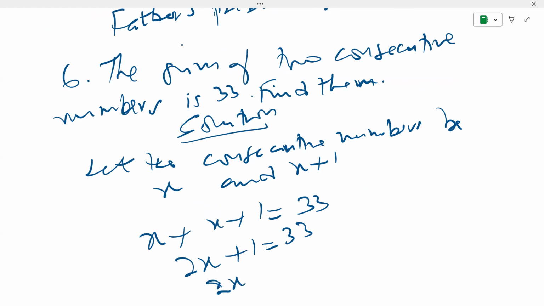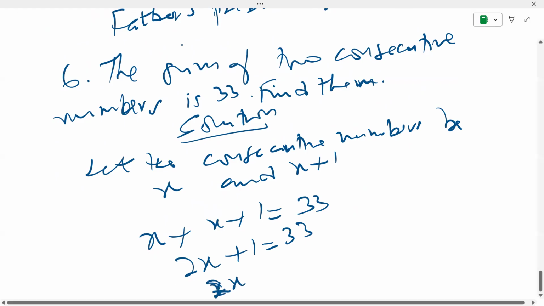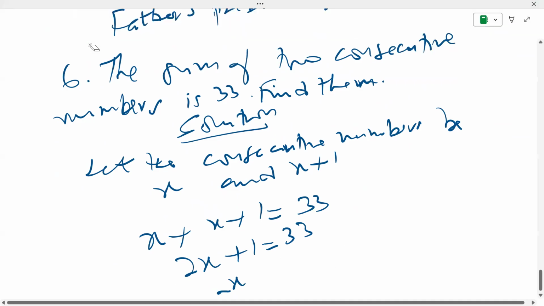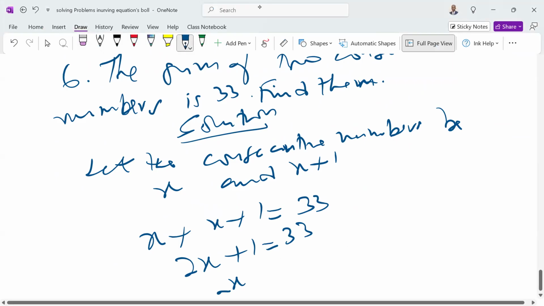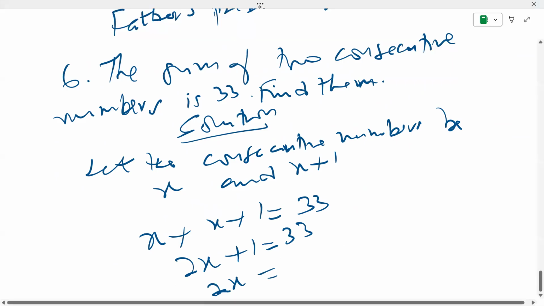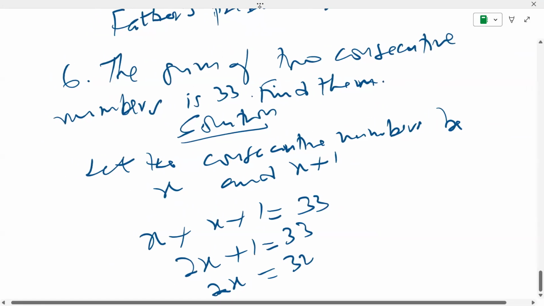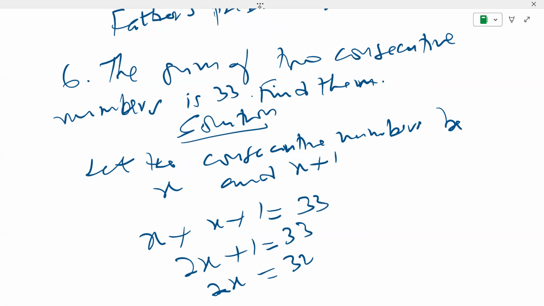Then we subtract 1 from both sides. Then when we do that, we will actually get what we are looking for. So we shall get 32. And what we do next is that we will just divide both sides by 2.